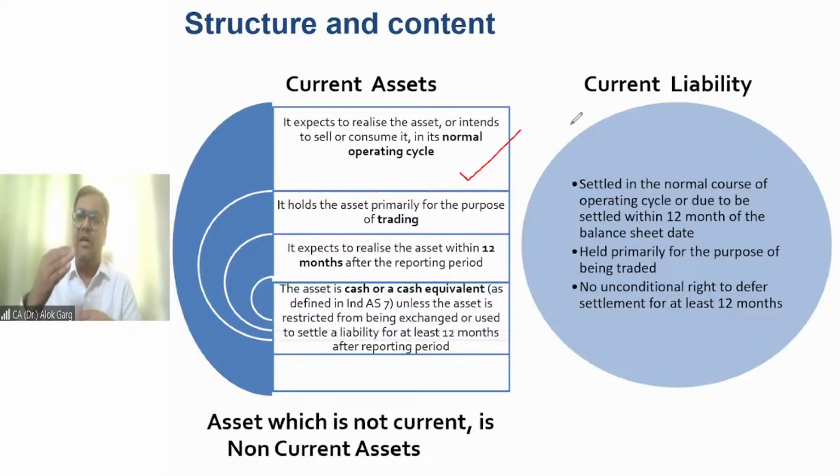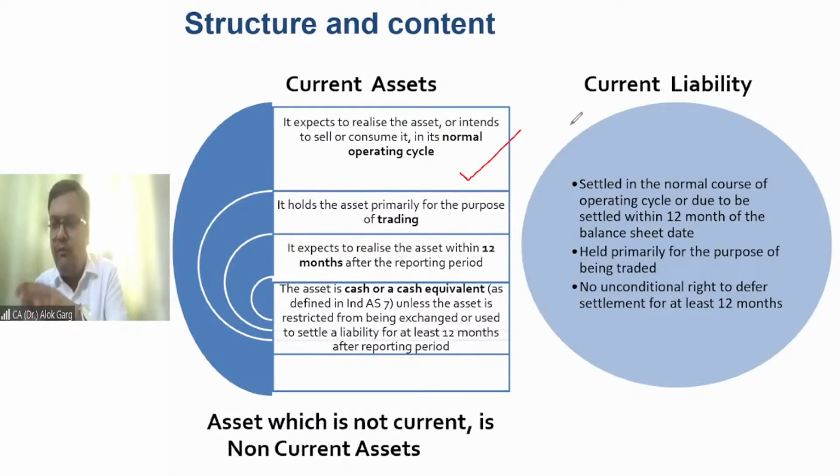If management wants to fix the current ratio, management will say I am not going to pay the liability in the next 12 months. The management will start playing with the numbers, with the ratios. That is why on the liability side, expectation is not there. On the liability side, contractual terms are there.